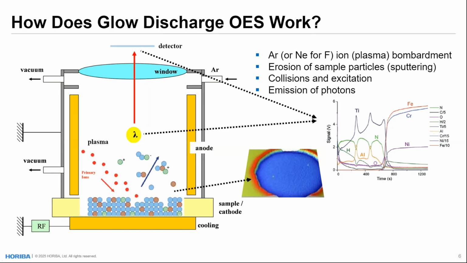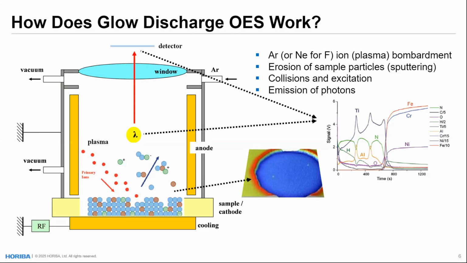The light will go through the lens into the optical system. Inside the optical system, we disperse the light into the original wavelengths and detect each wavelength individually. Each wavelength represents an atom, and the intensity of light represents the concentration of that atom.